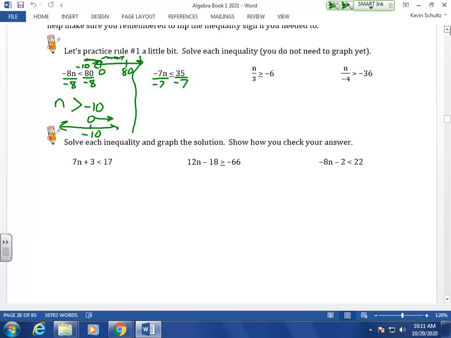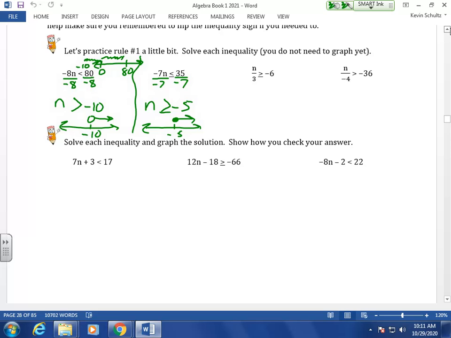Dividing positive 35 by a negative 7 gives us negative 5. So instead of less than or equal to, it's now greater than or equal to. Because we switched the side of the number line, we switched the inequality symbol as well. So n is greater than or equal to negative 5. Closed circle, going right.